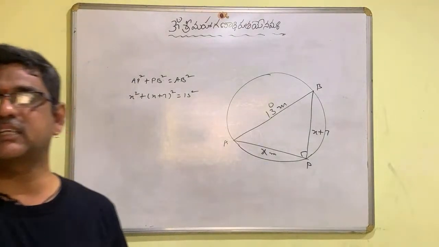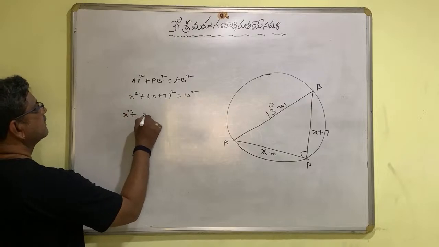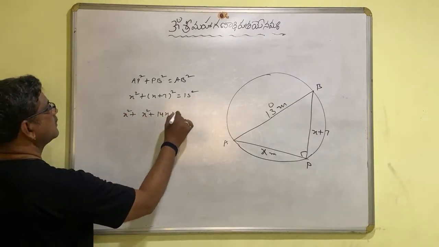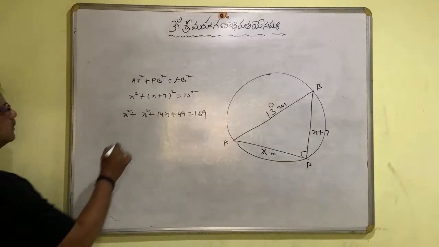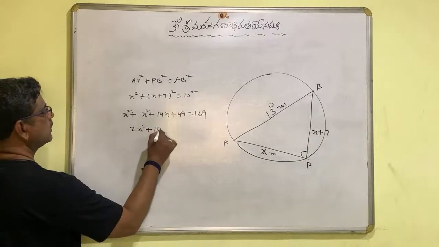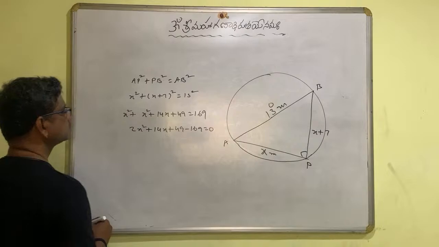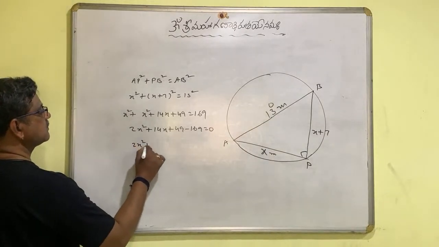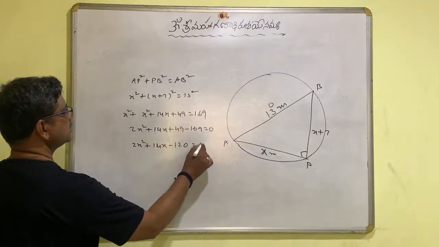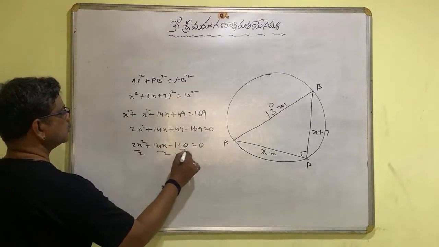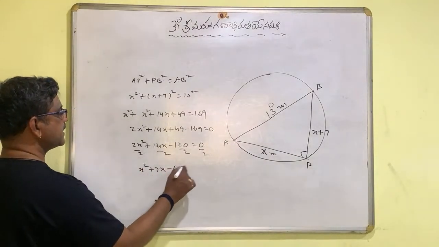Simplify this and find the answer, children. x square plus x square, so 2x square plus 14x plus 49 minus 169. 2x square plus 14x minus 120 is 0. So divide by 2. x square plus 7x minus 60 is equal to 0.